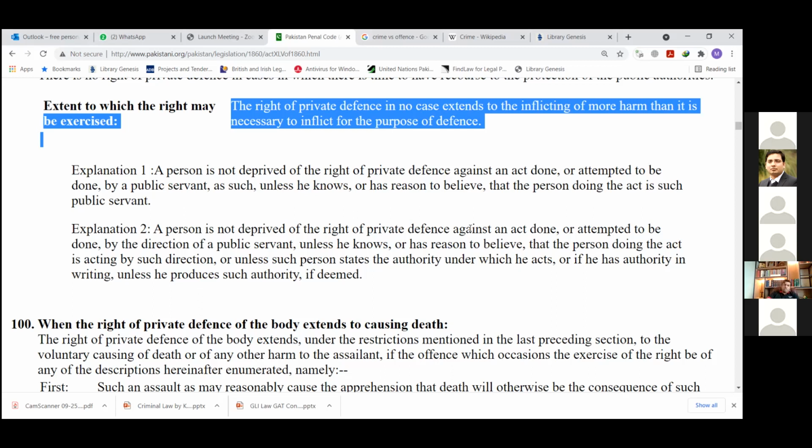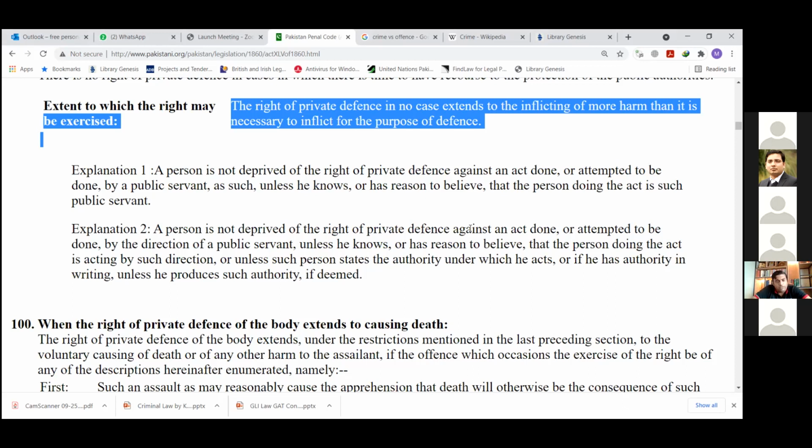So if a person is throwing bricks at you and you have shot him with an automatic or other firearm and you have killed him, it will be said that you have exceeded your right of private defense and you will be liable for that act.